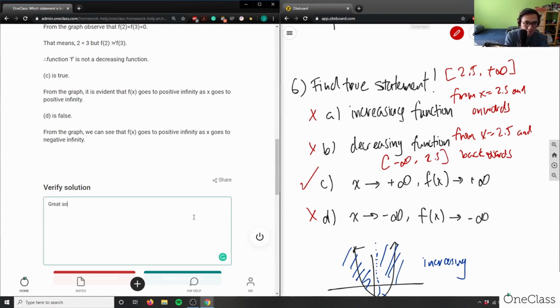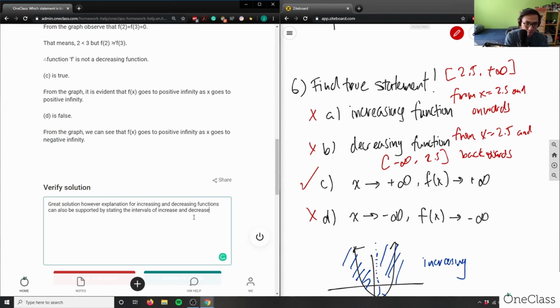So I'm going to say great solution. However, the explanation for increasing and decreasing functions can also be supported by stating the intervals of increase and decrease.